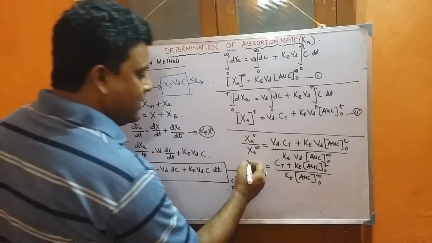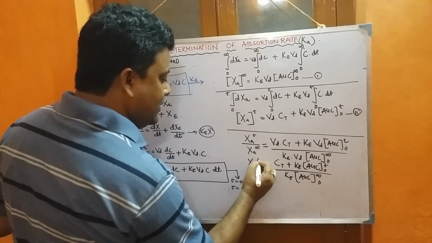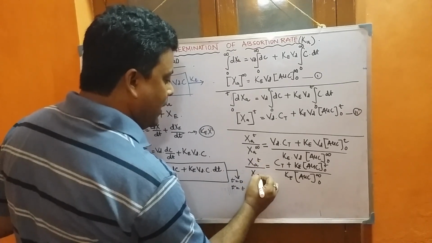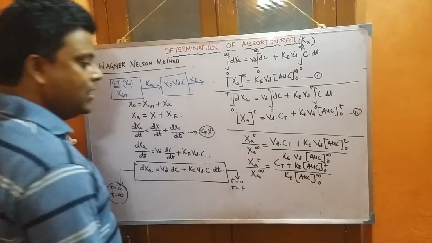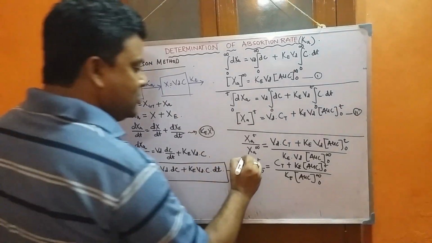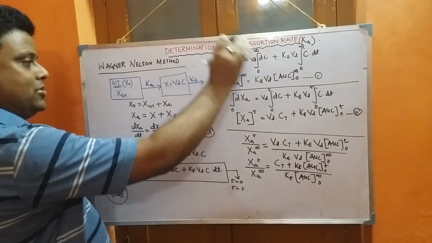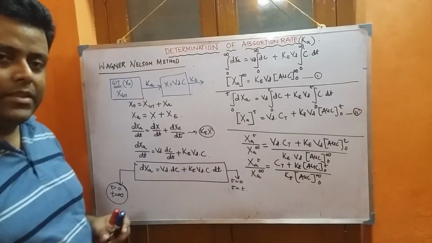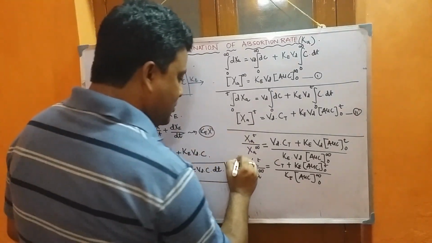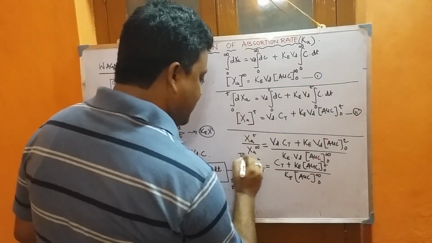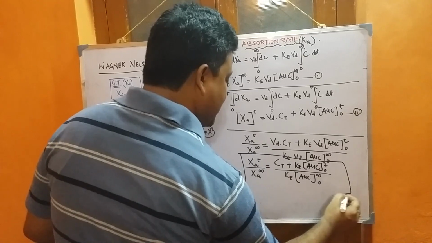So we can write this as XAt by XA infinity. I hope you understood the derivation process up to this much. So you got it till this one.